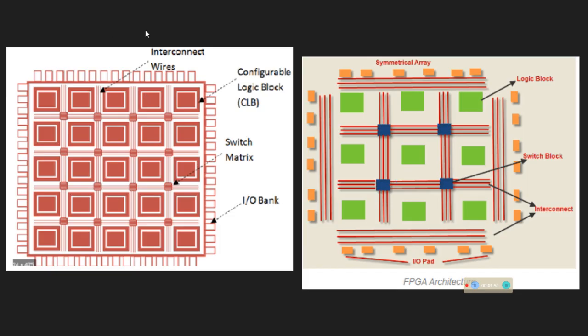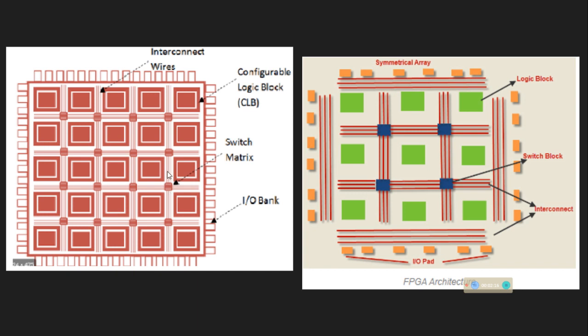We can have a clear-cut diagram of this. This is called a configurable logic block, where we are going to perform the operations. For example, in this case, we are having 5x5 CLBs. Each and every CLB is separated by some interconnect wires.